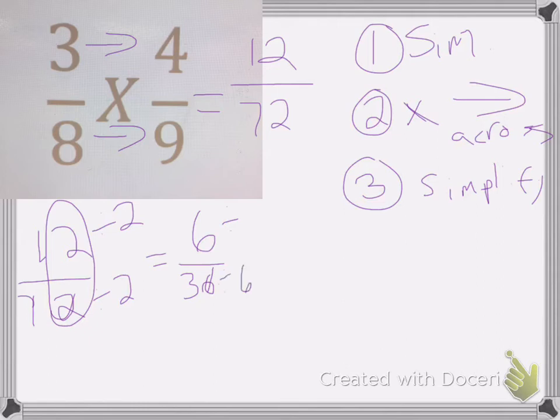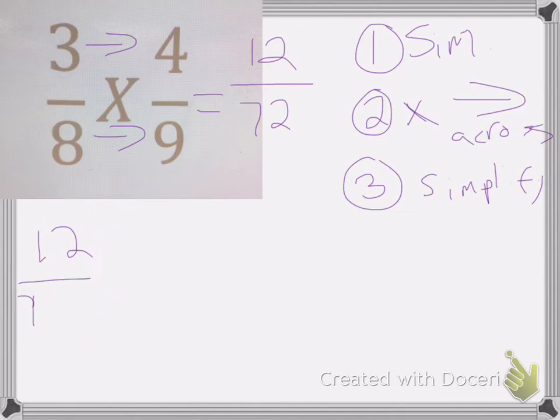You can simplify it by 6, because 6 times 6 is 36. So we divide: 6 divided by 6 is 1, and 36 divided by 6 is 6. So 1/6 was our answer.